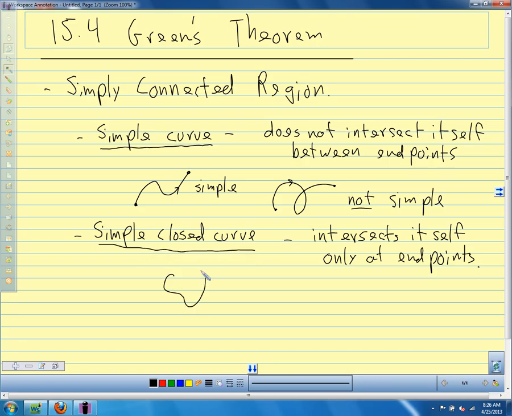So that would be a simple closed curve, or simply closed. We use those interchangeably. And something like that would not be simply closed.